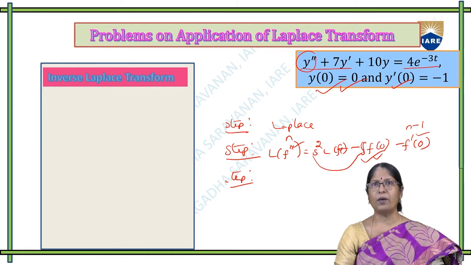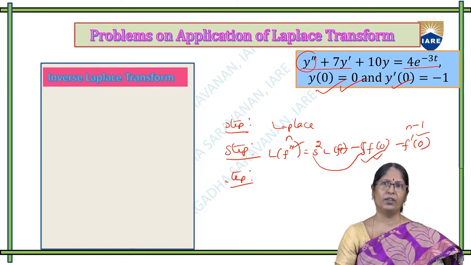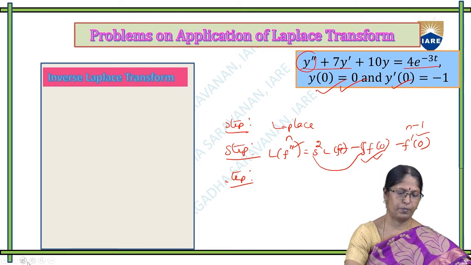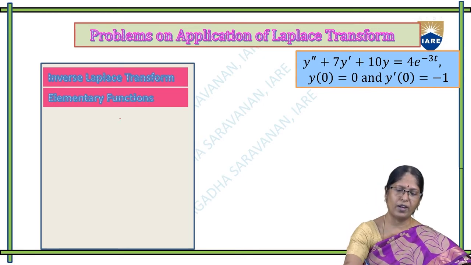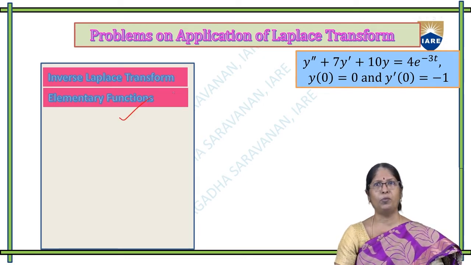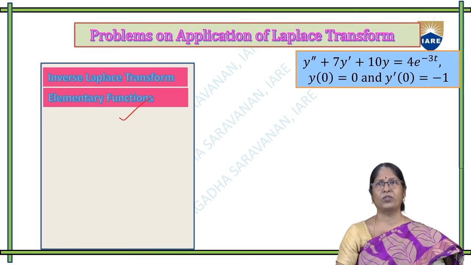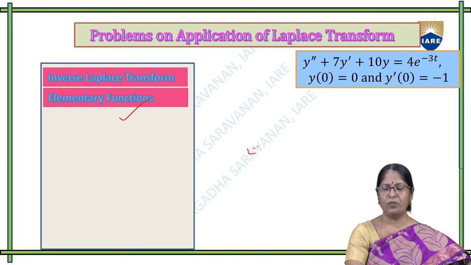To solve using inverse Laplace transform, we can take the help of elementary functions. Elementary functions, in the sense, L inverse of 1 by s minus a is e power at, we will write.